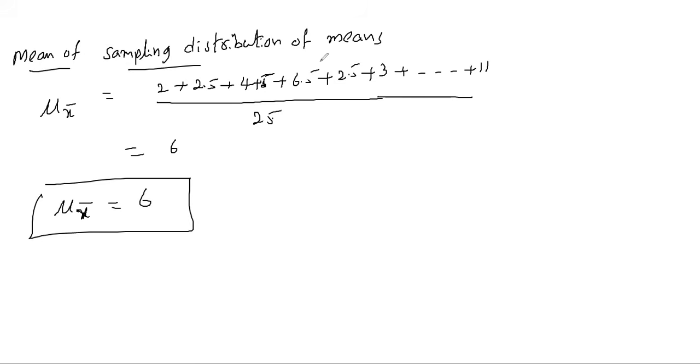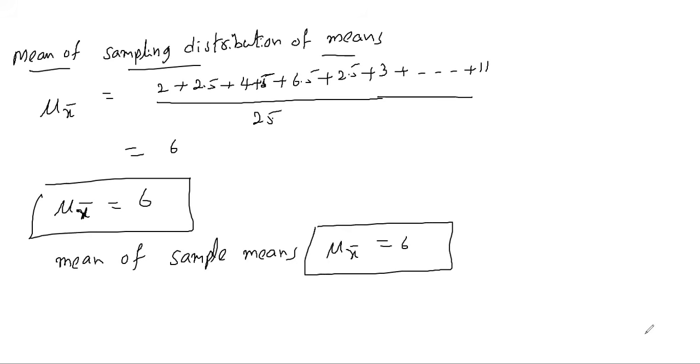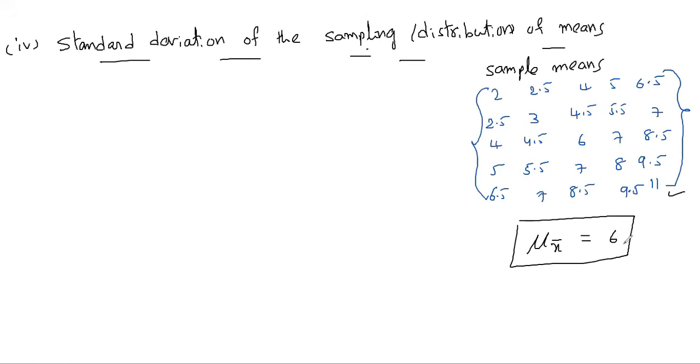You got 6, denoted by mu x bar. No need to write the word distribution every time. Mean of sample means, mu x bar, is equal to 6.